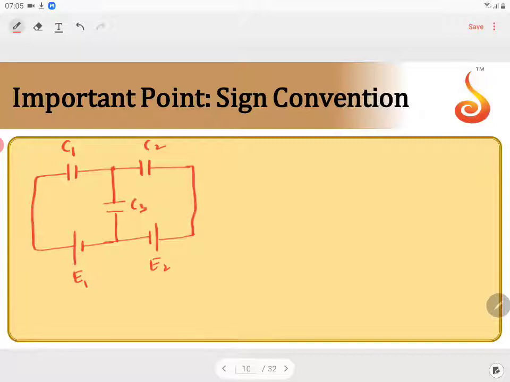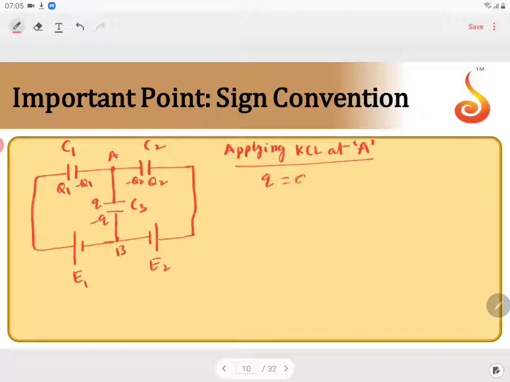Applying KCL at the point A, you'll get here charge Q1 minus Q1, here Q2 minus Q2, here Q minus Q. So applying KCL at A, you'll get Q is equal to Q1 plus Q2.